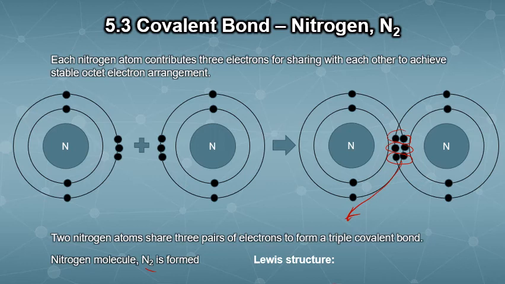Let me write the Lewis structure for you. Sorry, it's very hard to control my pen. A nitrogen has 5, 1 2 3 4 5, plus another nitrogen, 1 2 3 4 5, and then they share 3 electrons together, 1 2 3, so it becomes stable.